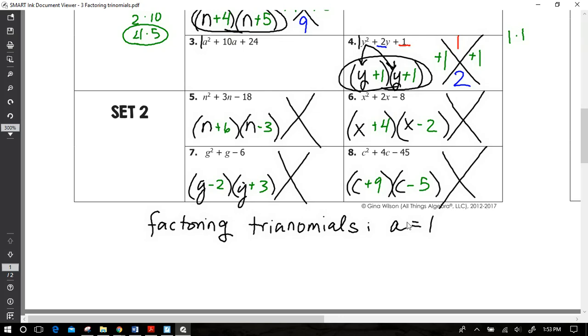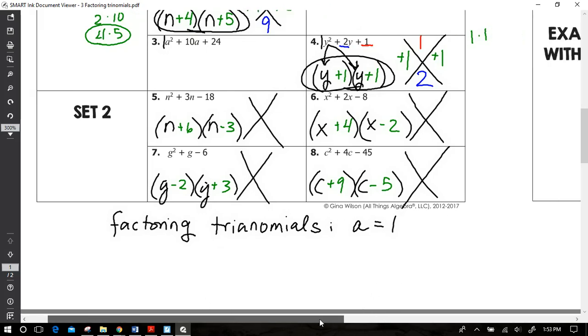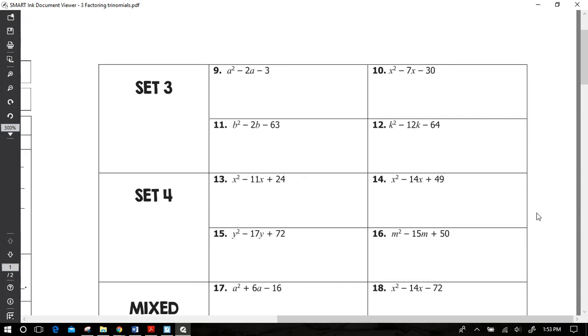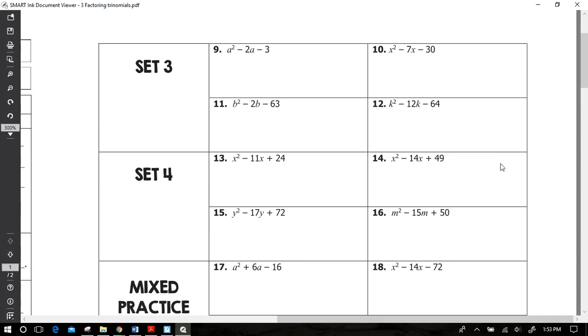All right, so those are the answers to those 4. And then every single one of these is going to operate in the exact same way. Okay, so there's some really good examples here to try. Let's just do 2 more together, and then I think that we'll be good to go.